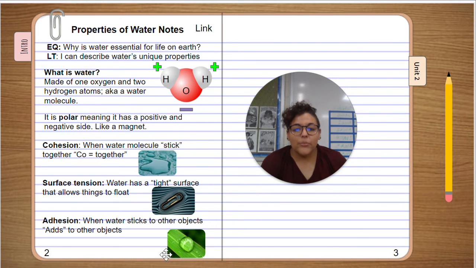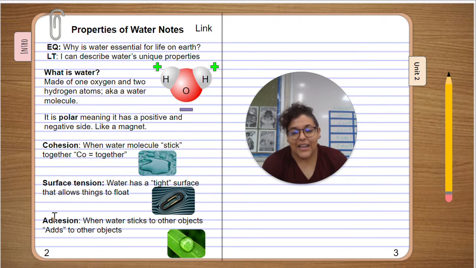Our next property of water is adhesion. So there's another prefix we want to look at, ad. So adhesion is the property of water sticking to other objects. So the way I like to remember this is that it adds to other objects, and that's what its prefix is telling me, those 2 letters before the rest of the word.